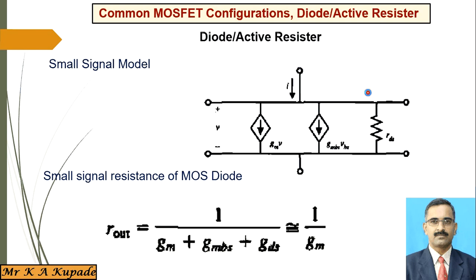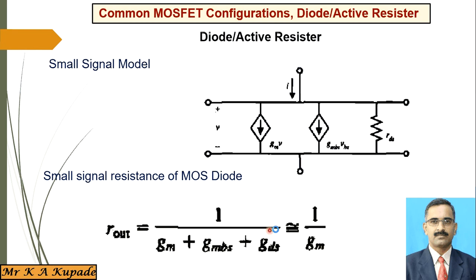That resistance is called the small signal resistance of a MOSFET diode, and it is given as R out. R out is nothing but 1 upon GM plus GDS. GDS, not GMDS.